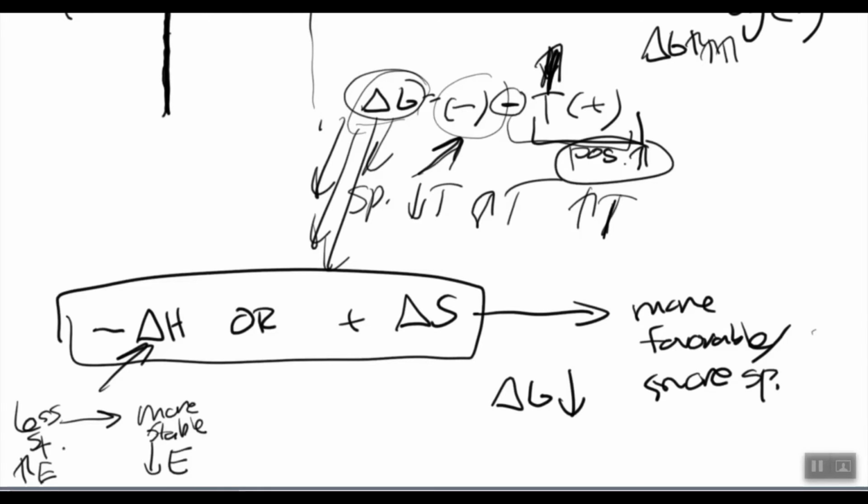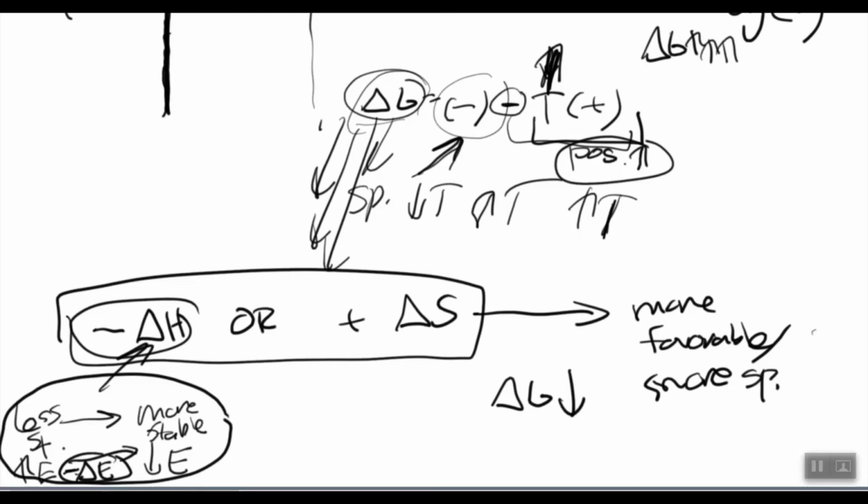If you're not as energetic, you're not moving around as much, and you're more stable. You can think of it like that. But basically, things like to go from high energy to low energy. So because of that, this is actually a decreased energy, or a delta E that is negative. And that idea applies to here. A negative delta H is favorable, because reactions like to go from a higher energy state to a lower energy state.